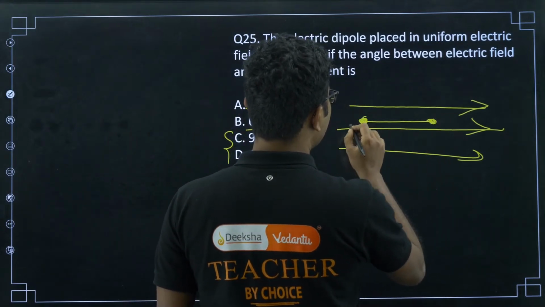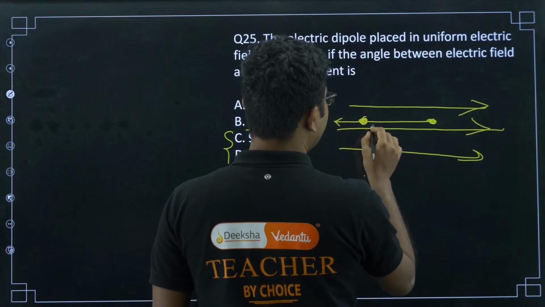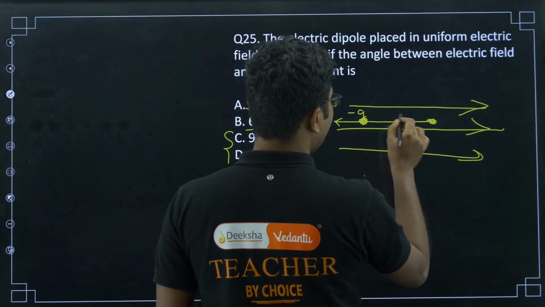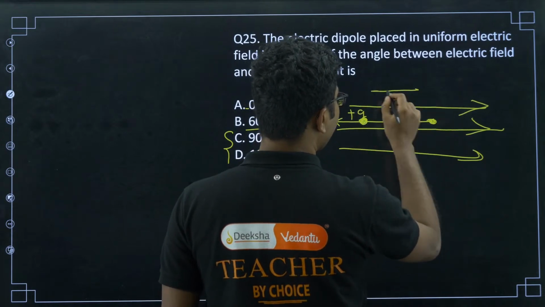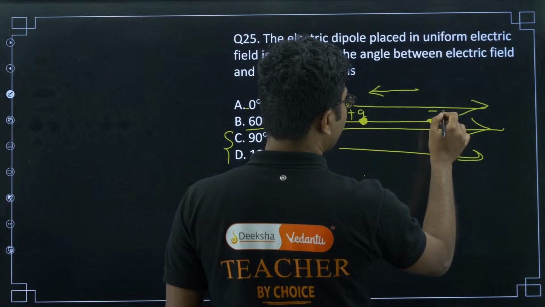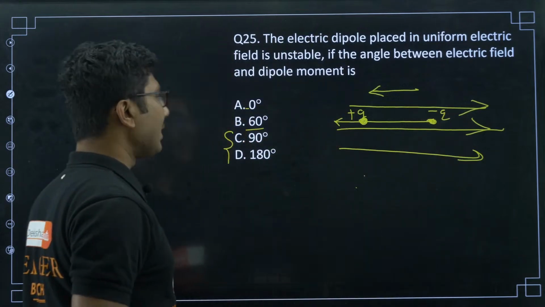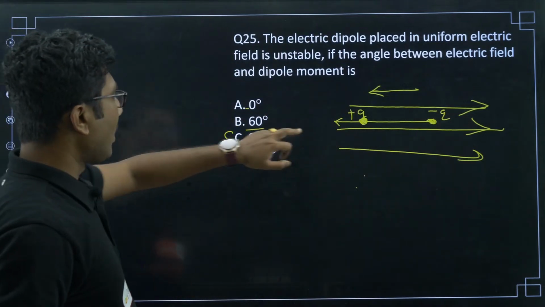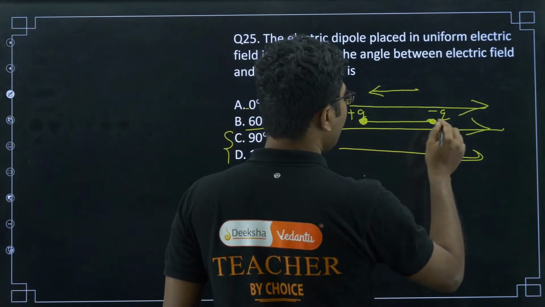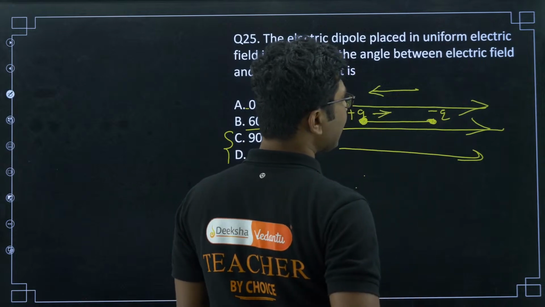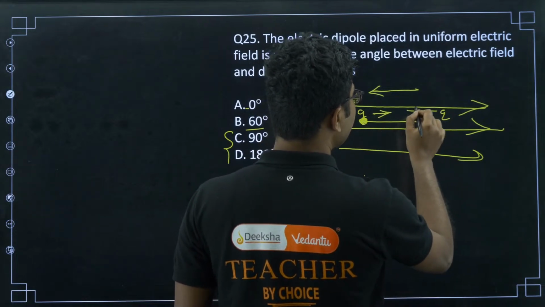180 degrees means this is the negative charge and this is the positive charge, and the electric dipole moment is from negative to positive. This will experience a force in this direction, and this will experience a force in that direction.